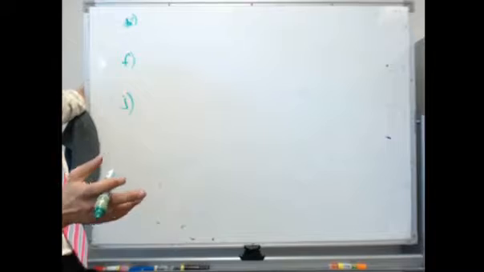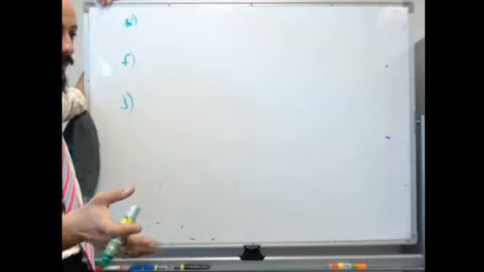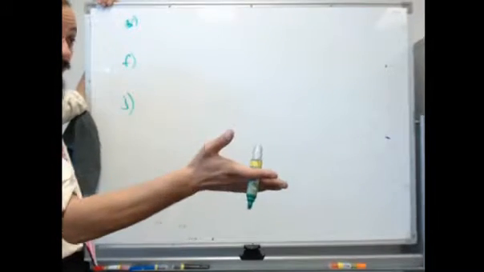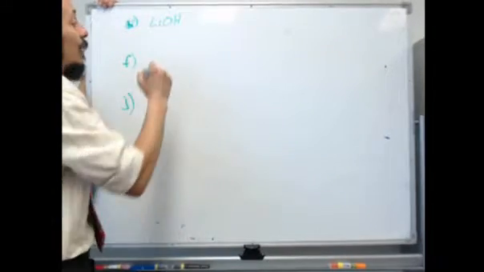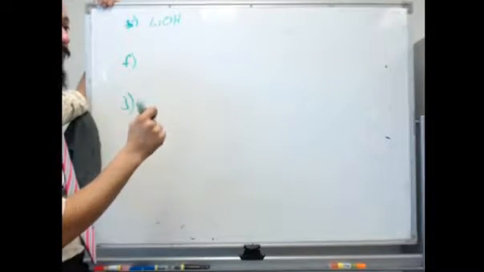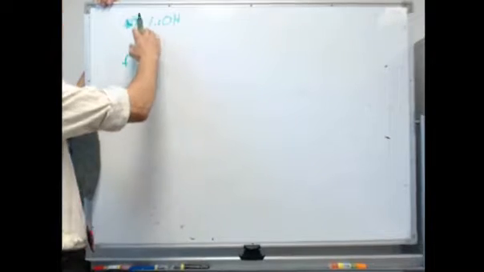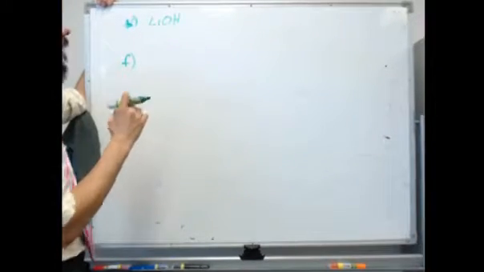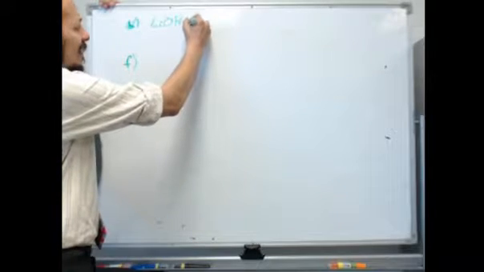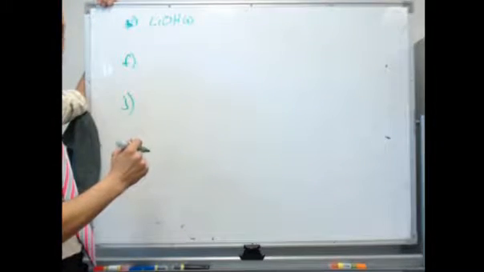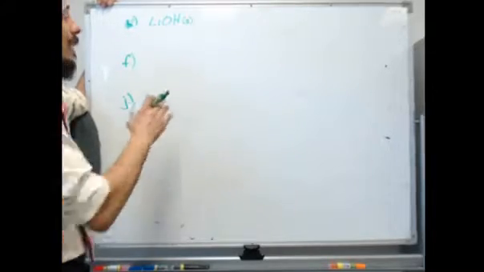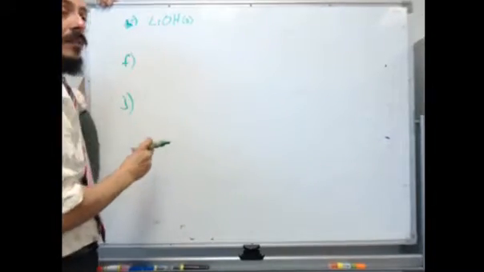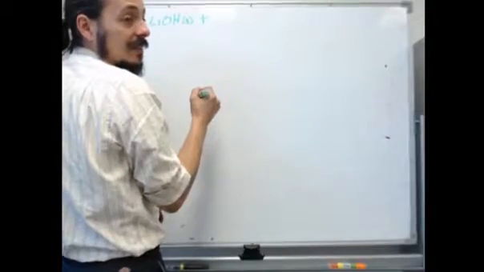So let's start translating words into chemical compounds. Lithium hydroxide, LiOH. Lithium is +1, hydroxide is -1, and this is a solid. We're reacting it with carbon dioxide gas, which is CO2.